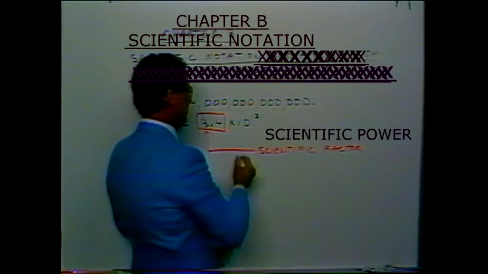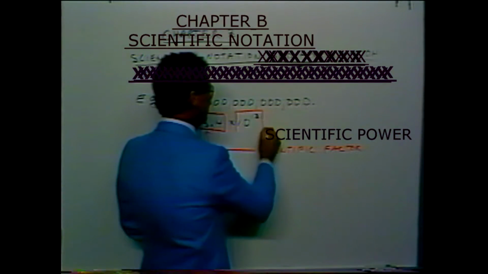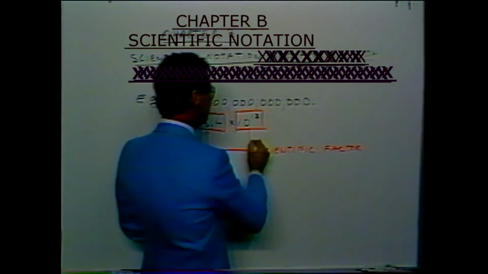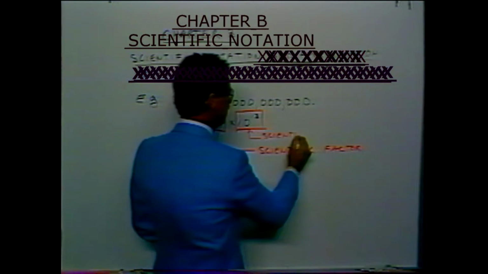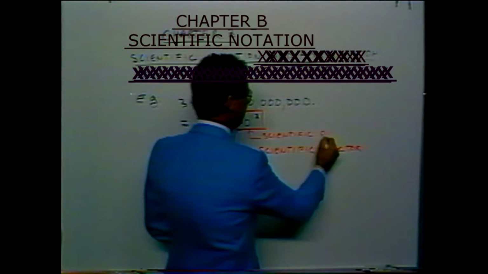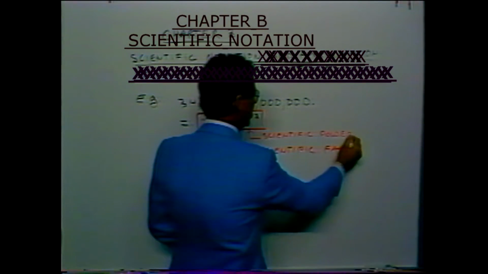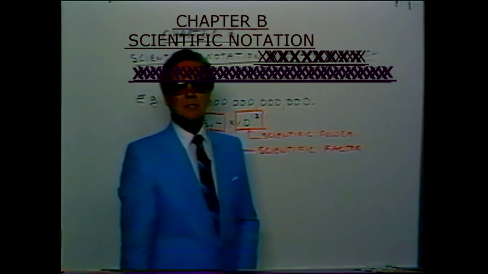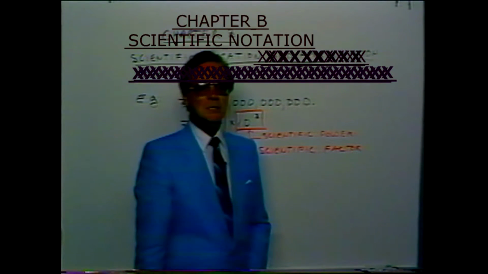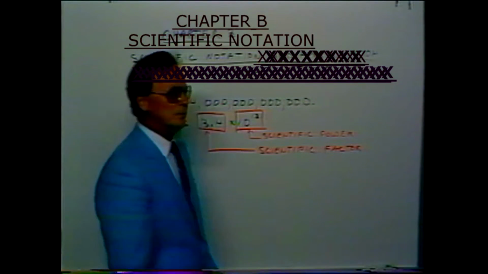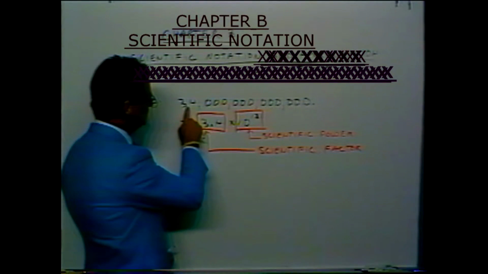This portion of it is called the scientific power. The new position of the decimal point in scientific notation is always placed to the right of the first meaningful digit. That's its place always.